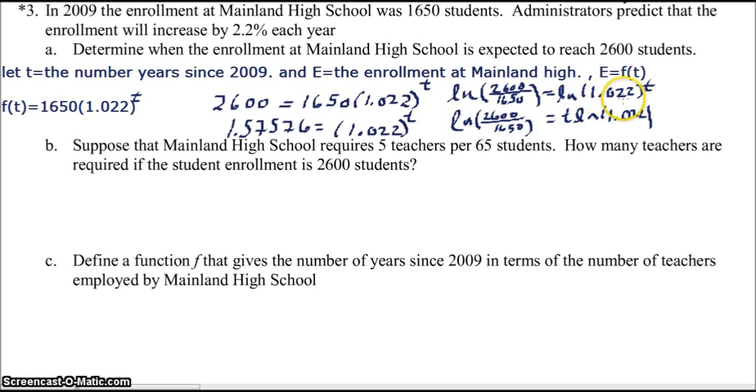Then we can divide by the natural log of 1.022, and we'll get t equals the natural log of 2,600 over 1650 divided by the natural log of 1.022, which appears to be about 21 years.